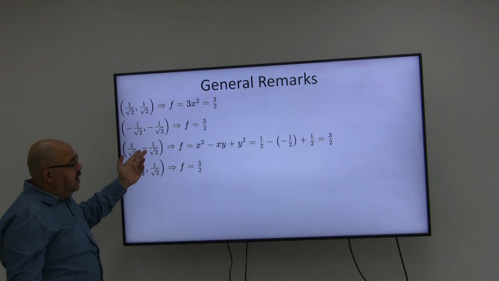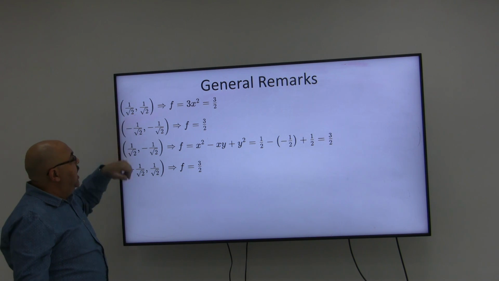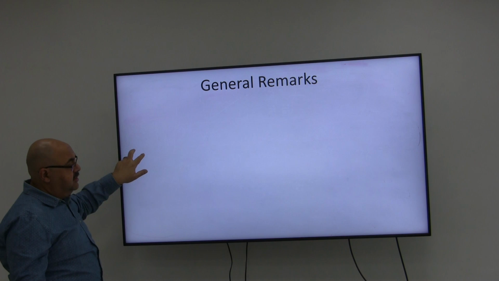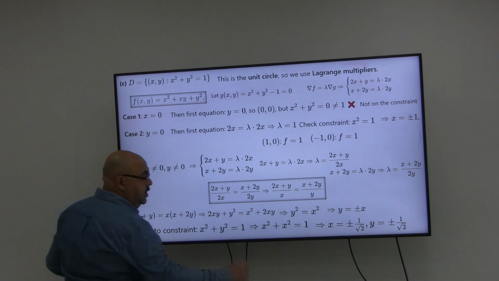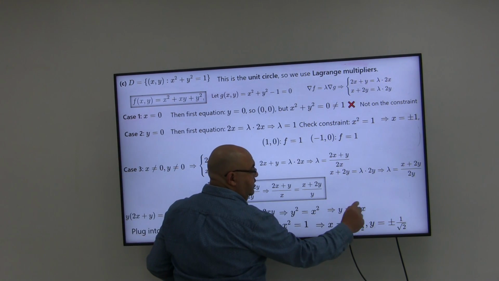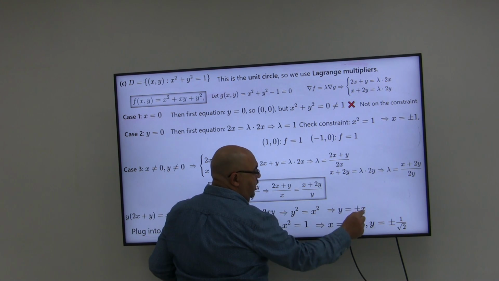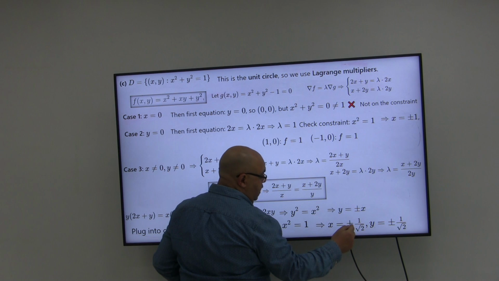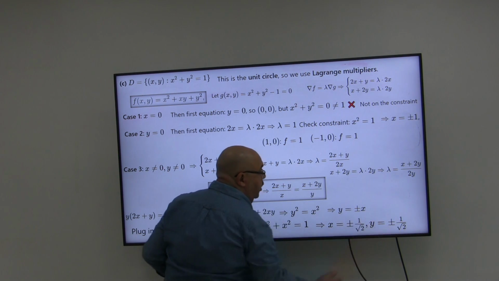This is the outcome of the substitution using 1 over root 2 and negative 1 over root 2, if they have the same sign, or if they have opposite signs, according to this relation, if x is equal to y, or if x is equal to negative y. If x is 1 over root 2 positive or negative, then y will be the same sign or the opposite sign.